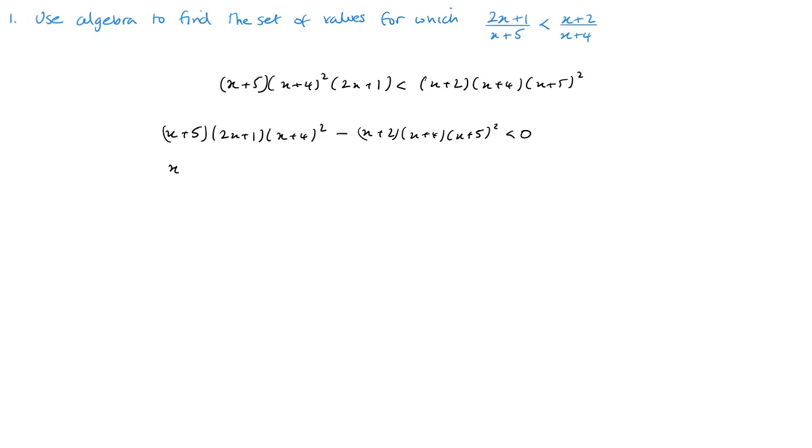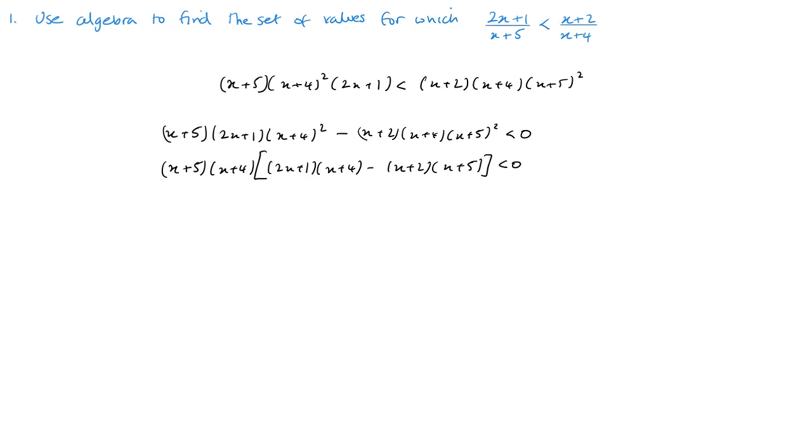So I can take the x plus 5 and the x plus 4 out, and I'm left with 2x plus 1 and x plus 4 minus x plus 2 and x plus 5.